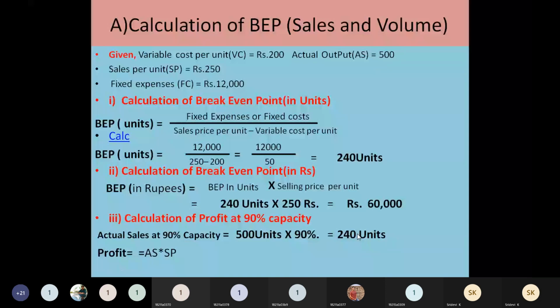That gives total sales, minus actual sales at 90%, 450, into variable cost per unit, 200, minus fixed cost. This is the abbreviated form of the profit equation.